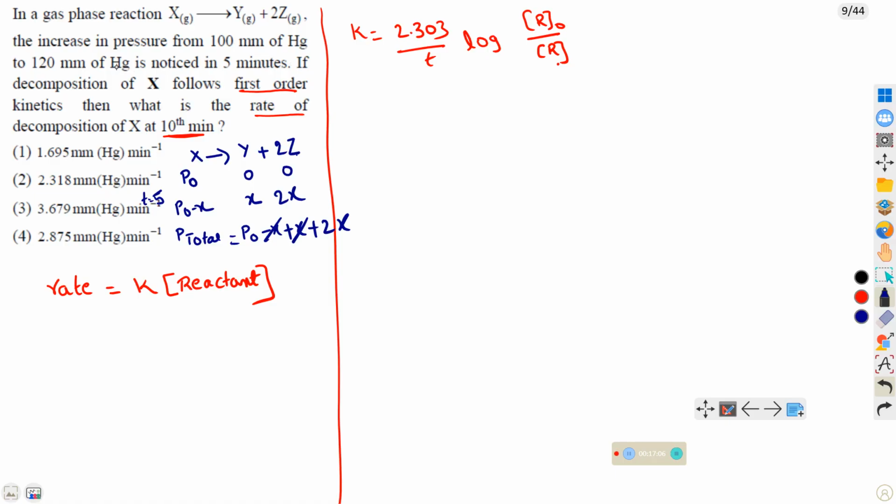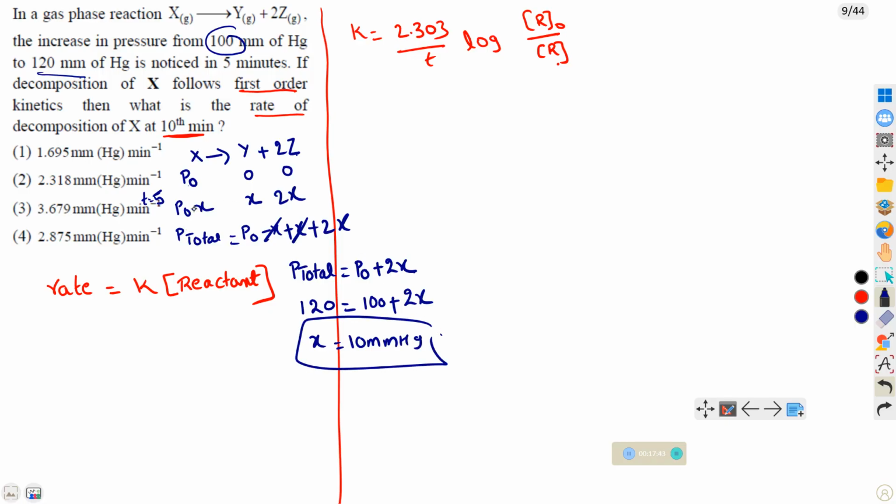Here P total is given as 120 mm of Hg. Initial value P naught is taken as 100, plus 2X. Then X is equals to 10 mm of Hg.